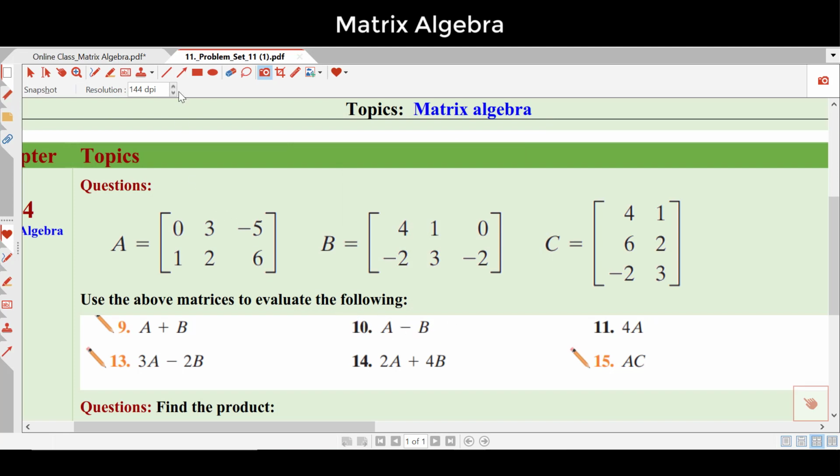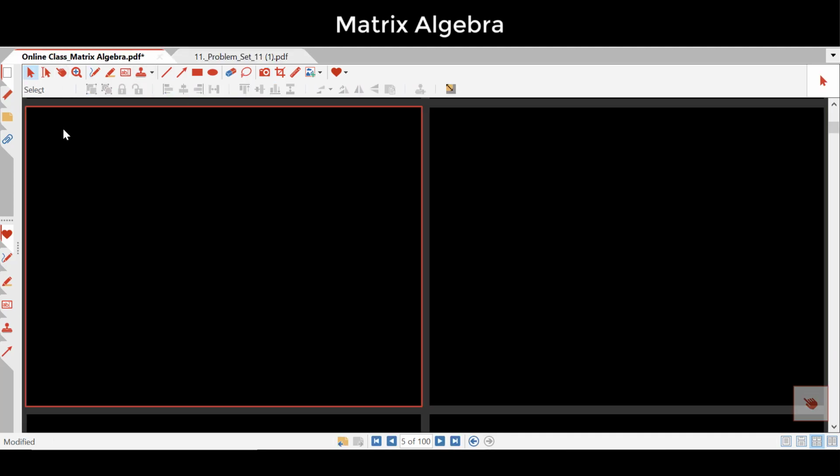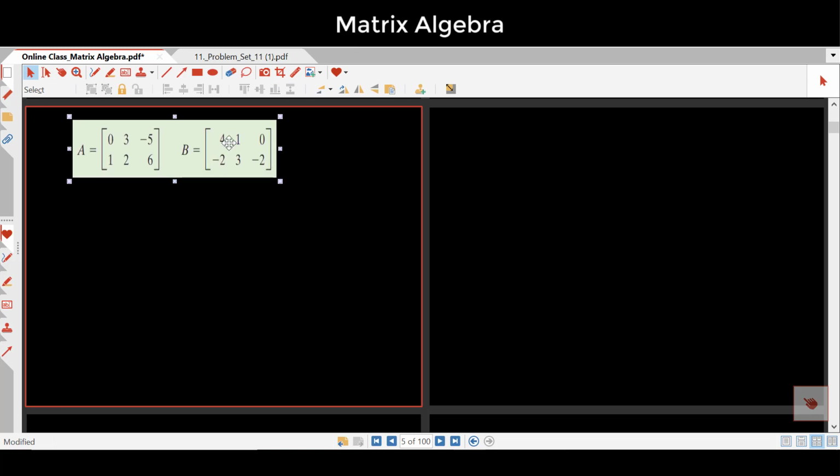We will try to find A minus B. We have been given two matrices A and B, and now we have to find A minus B, that is a subtraction.